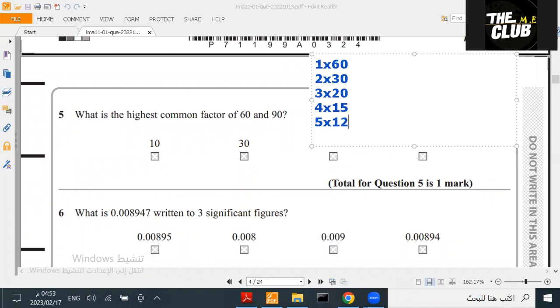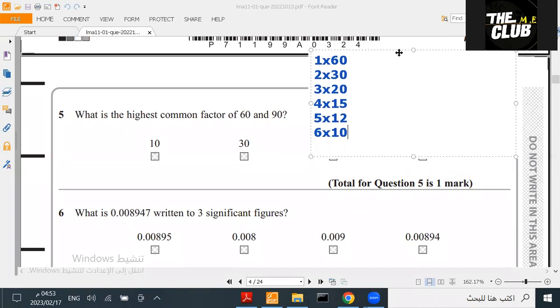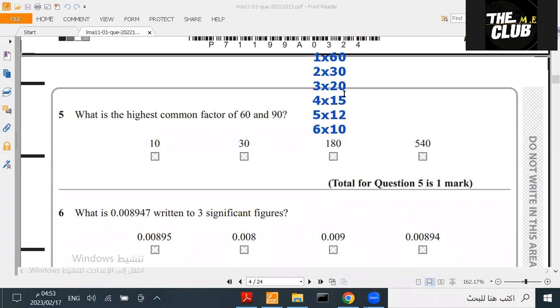And then 6 times 10. So these are the factors of 60.